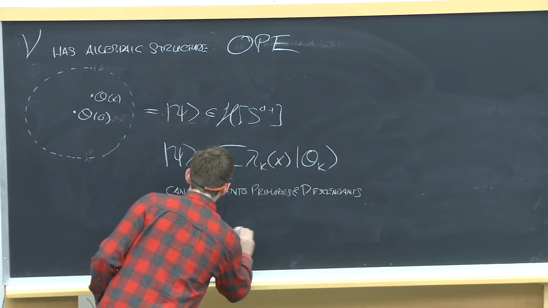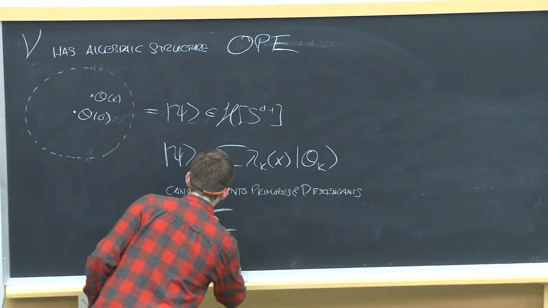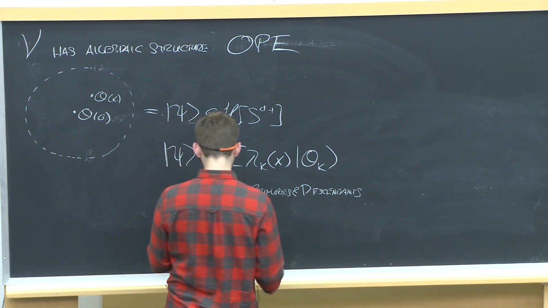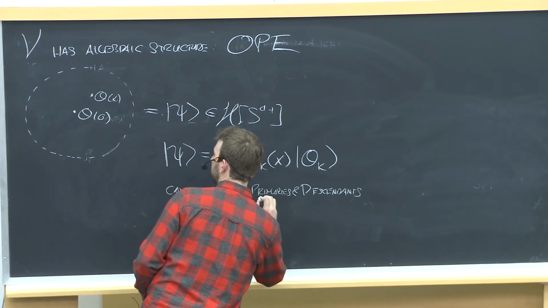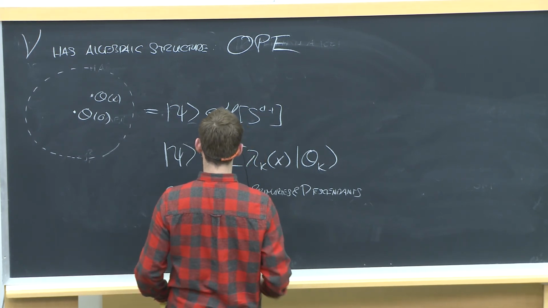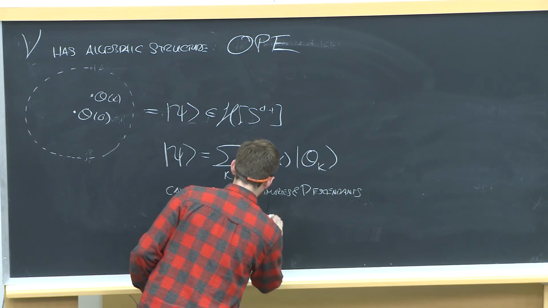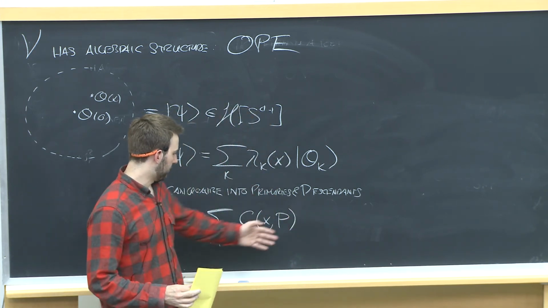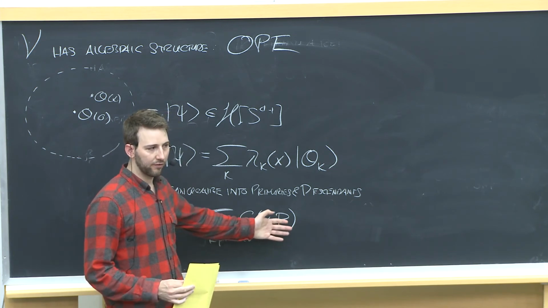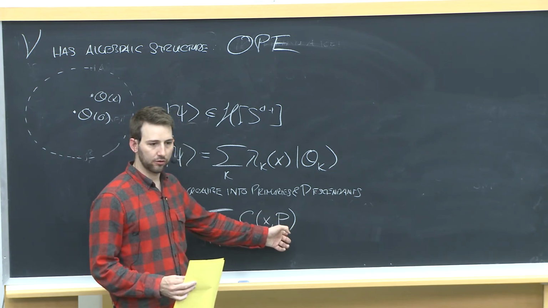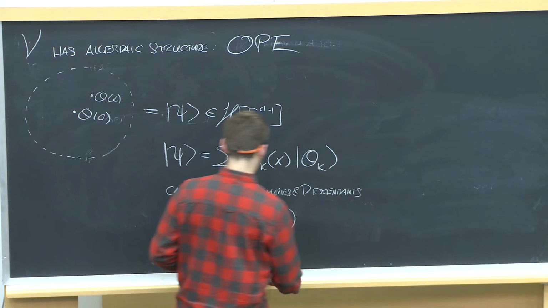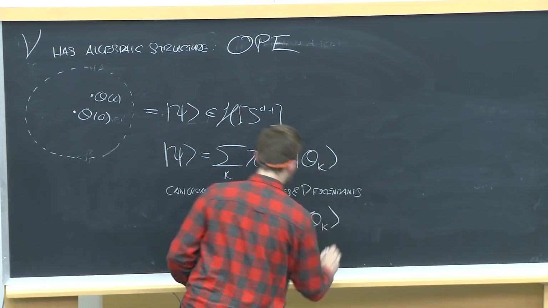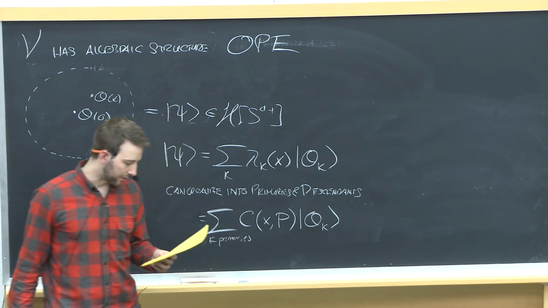So this is equal to the sum over all primary of some sort of polynomial, which I'm thinking of as a differential operator because these p's are sort of like derivatives, acting on the state associated to the primary.